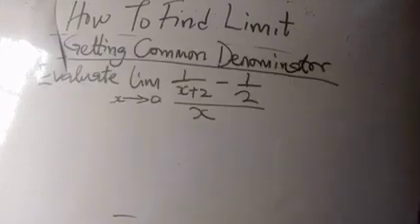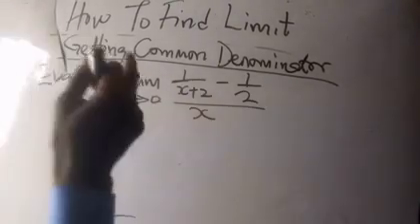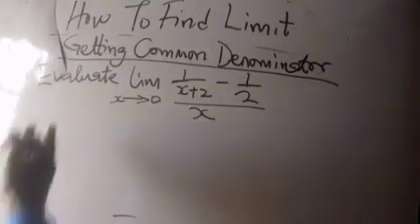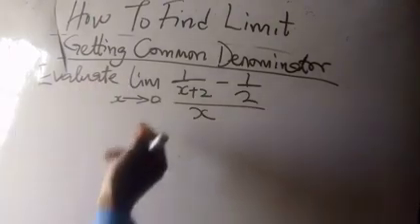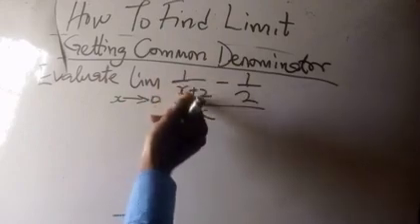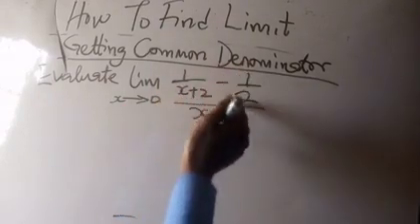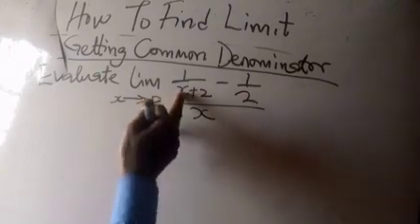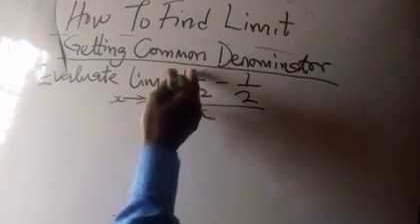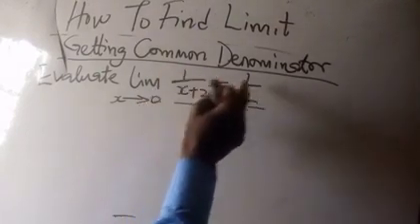While explaining the third method, getting common denominator, let's look at the example given on the board. Evaluate the limit of 1 over x plus 2 minus 1 over 2, all divided by x. If we try to use the first method, the substitution method, this will be 0 and it will give us 1 over 2 minus half.